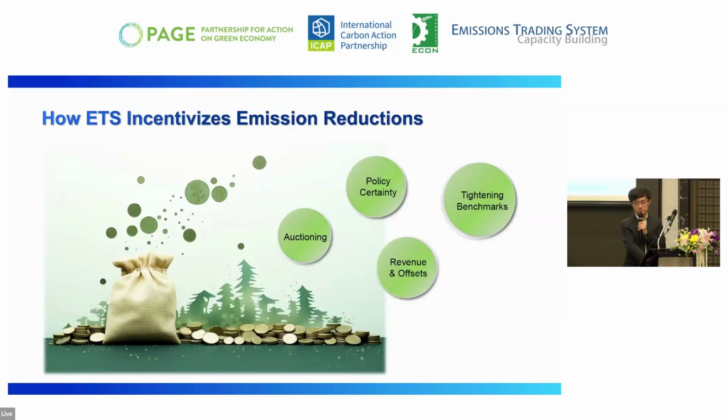But in China, the incentive for emission reduction, I think, would be the policy certainty, and also using the offset as leverage to offset the compliance market obligations. That makes project owners more willing to develop their own CCER projects.